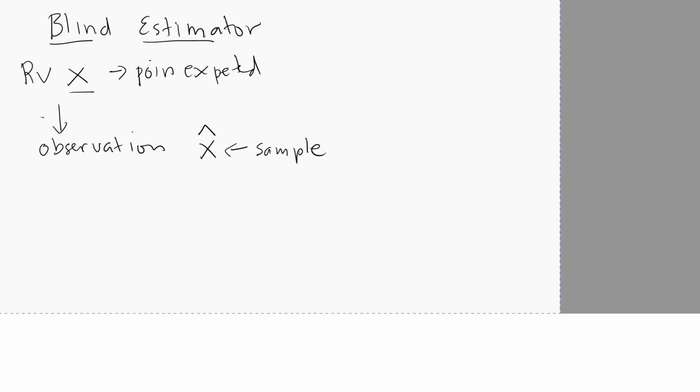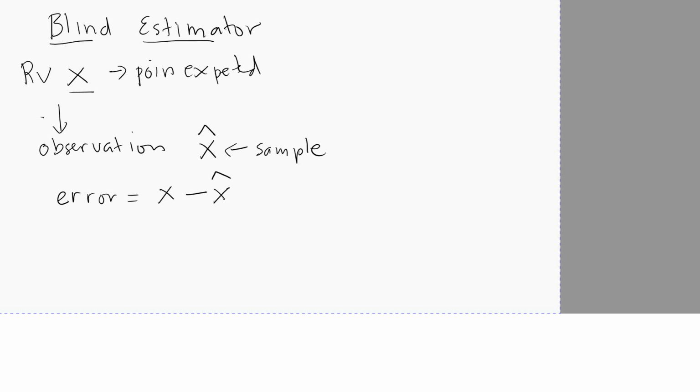So given the two points here, we can measure the error. The error we can simply compute as the difference between the expected point and the observed point.